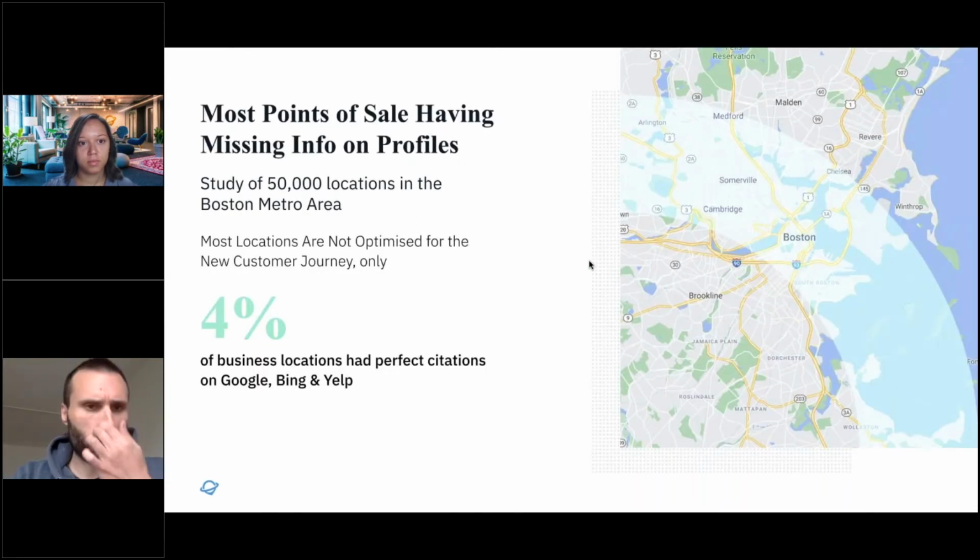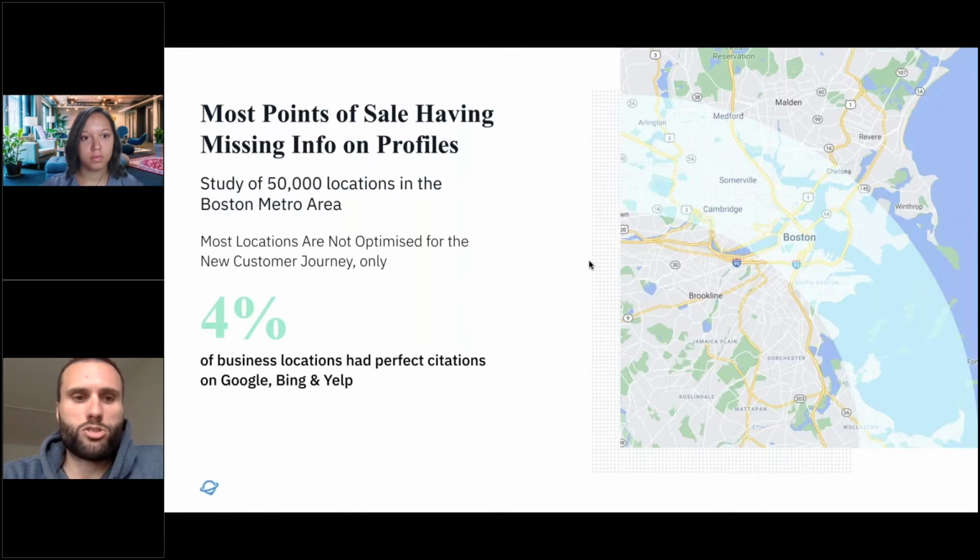So first of all, in 2019, we did a Boston study, where we surveyed the metro area and looked at 50,000 locations to see whether they were optimized. We had one simple framework to look at that.